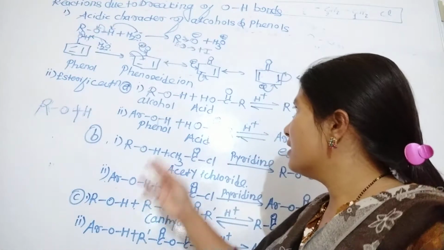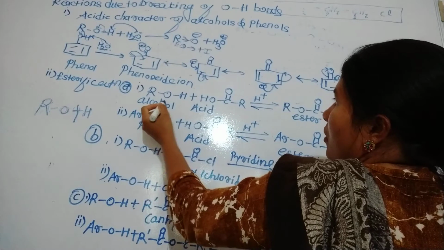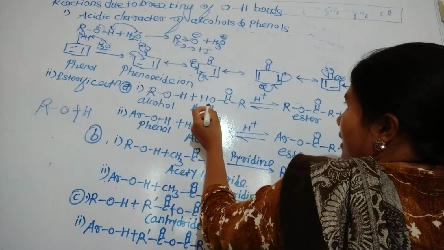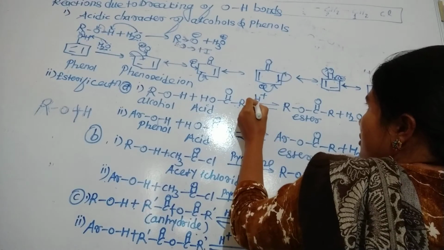What happens in the esterification process? You take the alcohol and the acid. You can take any acid. This is a reversible reaction, and the reaction condition is acidic.